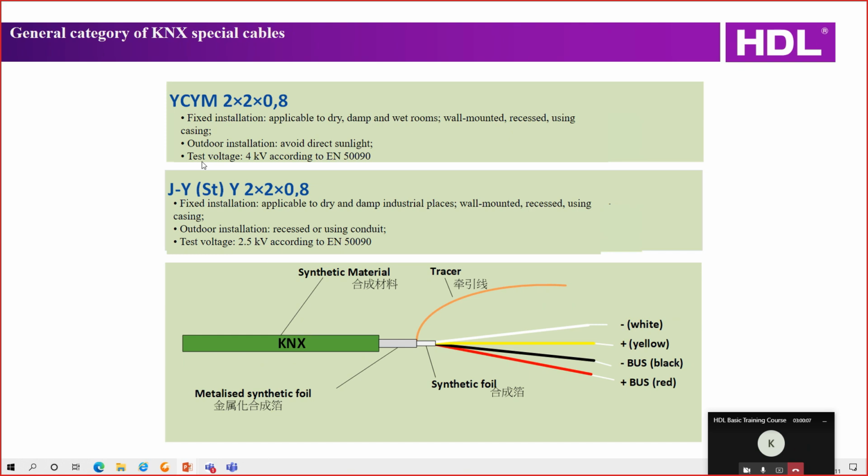As they have different test voltages, they have different anti-interference ability, and this one is better than this one. So you can choose one of them according to your requirements.